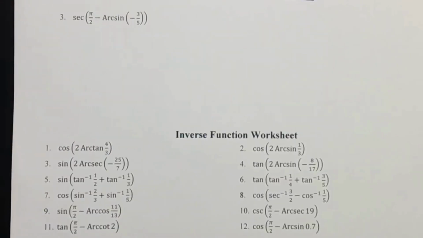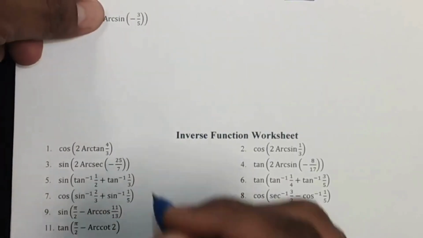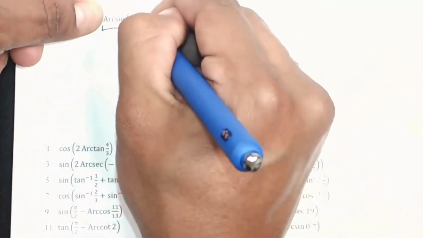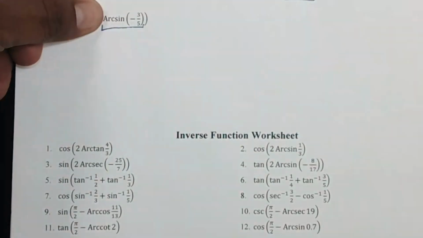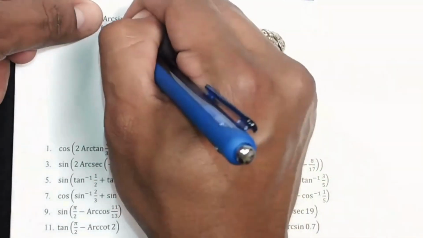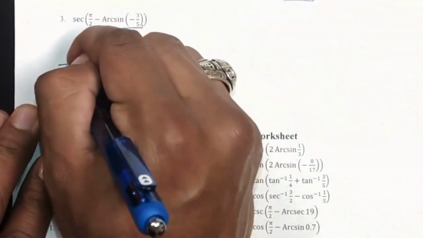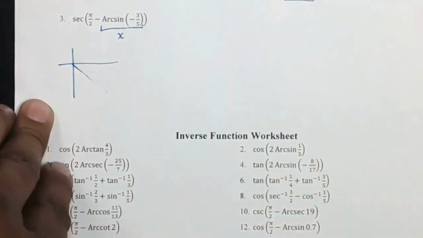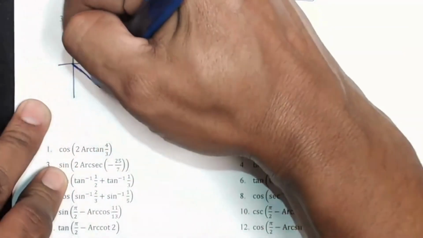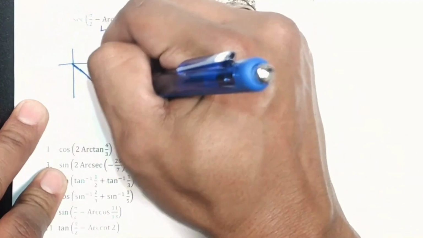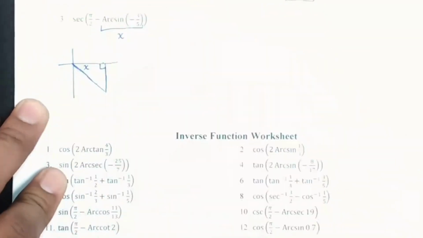All right, what about this last one here? Well, we have an arc, so this is going to give me an angle. And since we're talking about radians, I'm just going to call it angle x. Since we're talking about arc sine, and arc sine deals with a triangle in quadrant 4 here, this is my angle x.